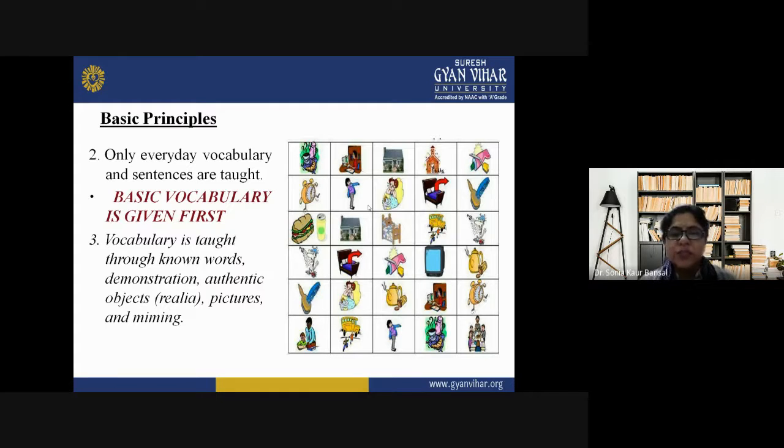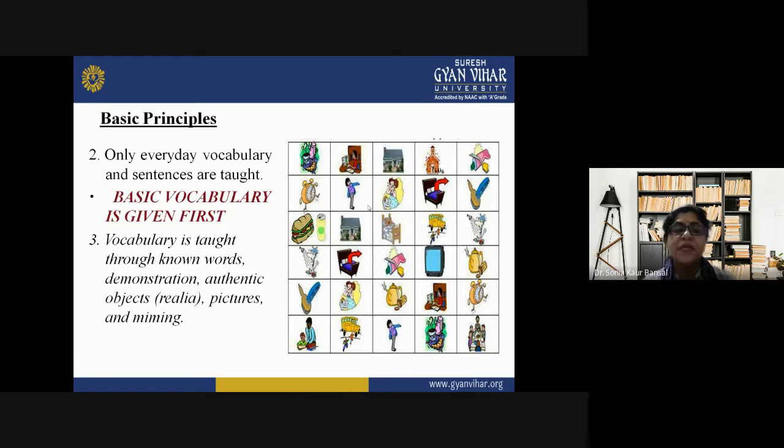So give them basic vocabulary first of all, so that they start using that language in their day-to-day life. This enhances the use of the foreign or target language in a more comfortable manner.